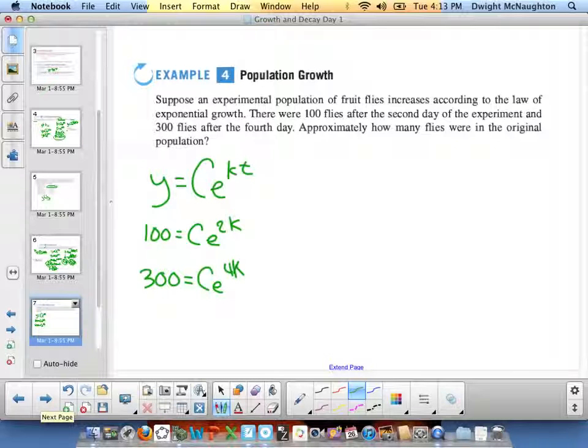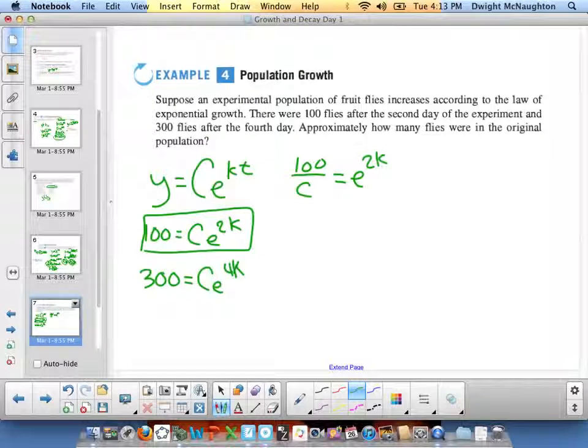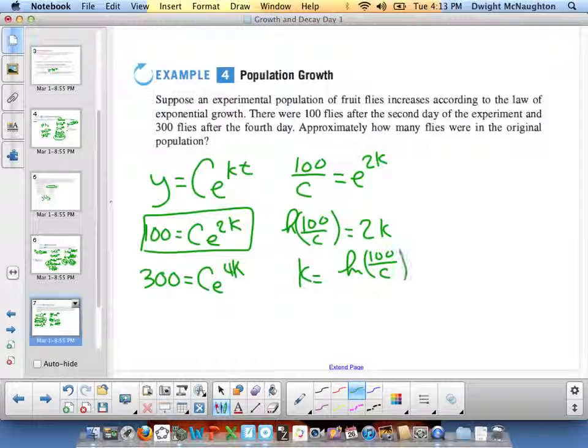All right, so let's solve for k in one of these. It doesn't matter. What we'll do is I'm going to take this one, divide by C, so 100 over C equals e^(2k). Natural log of 100 over C equals 2k. So k equals the natural log of 100 over C, over 2.